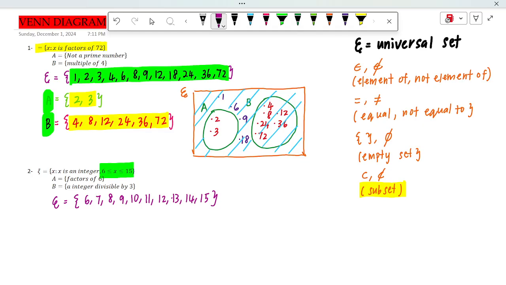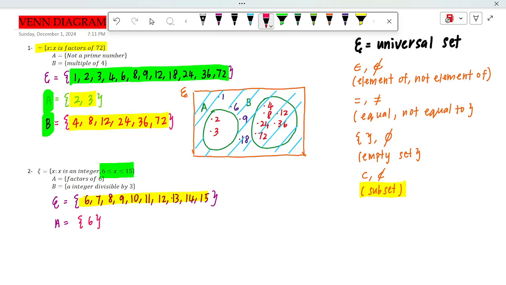Okay, next, A is factor of 6. Okay, I know factors of 6 will be 1, 2, 3 and 6, but you can't take 1, 2 and 3. Why? Because they only mention here, you have to choose your numbers inside of this. So your factors of 6 will be only 6.